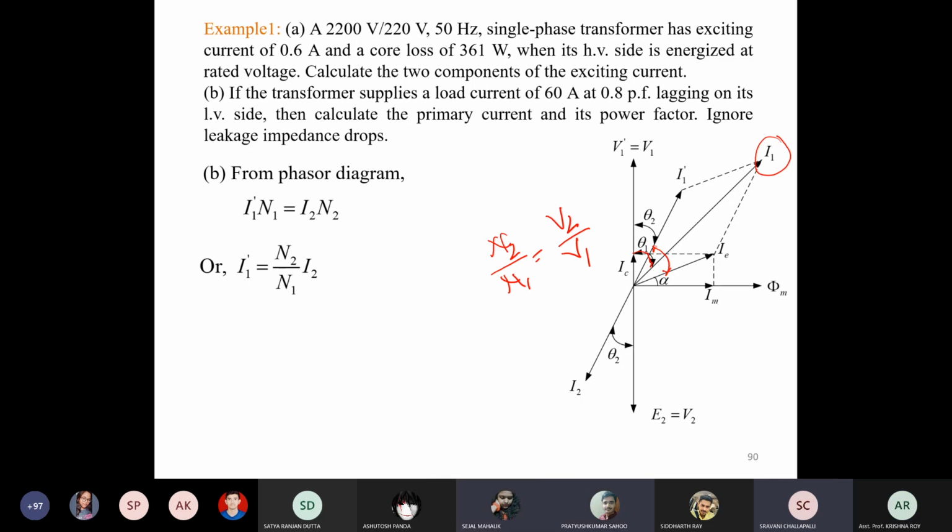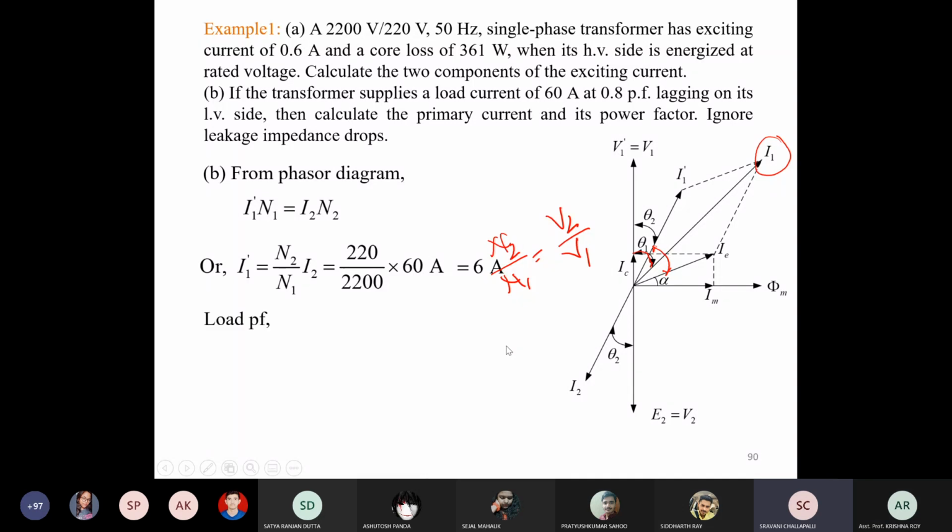V2 is 220 volt and V1 is 2200 volt. Yes. So use that to calculate I1 dash. So how much is I1 dash? Very simple, 6 ampere.